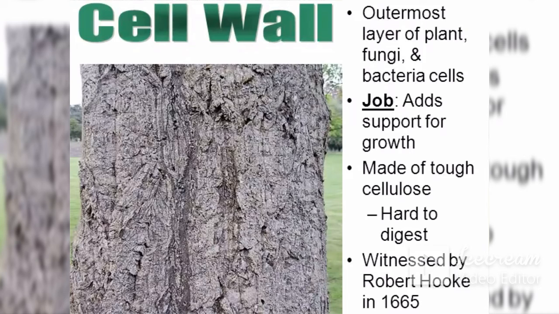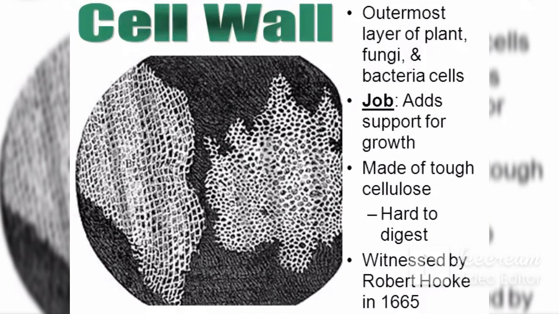Now cork, we might be familiar with cork from wine bottles, but cork is actually tree bark. And he examined a real thin slice of tree bark called cork, and this is what he saw. In this picture here is a drawing that he made. It's kind of shocking to believe that this picture right here is a drawing made by hand, but that's how good of an artist he was.